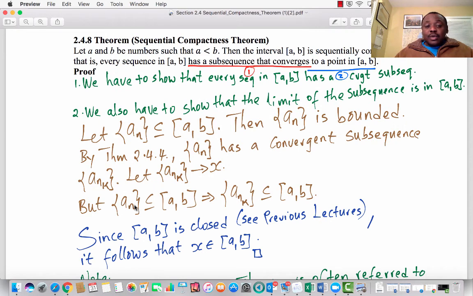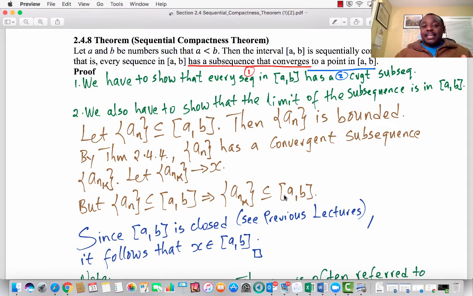Now, the sequence a_n is a sequence in [a,b]. Therefore, the subsequence a_{n_k} is also a sequence in [a,b]. [a,b] is a closed interval, and in previous lectures we did prove that if a_n is a sequence in [a,b] that converges, then it must converge to a point in [a,b]. Go back and look at previous lectures.